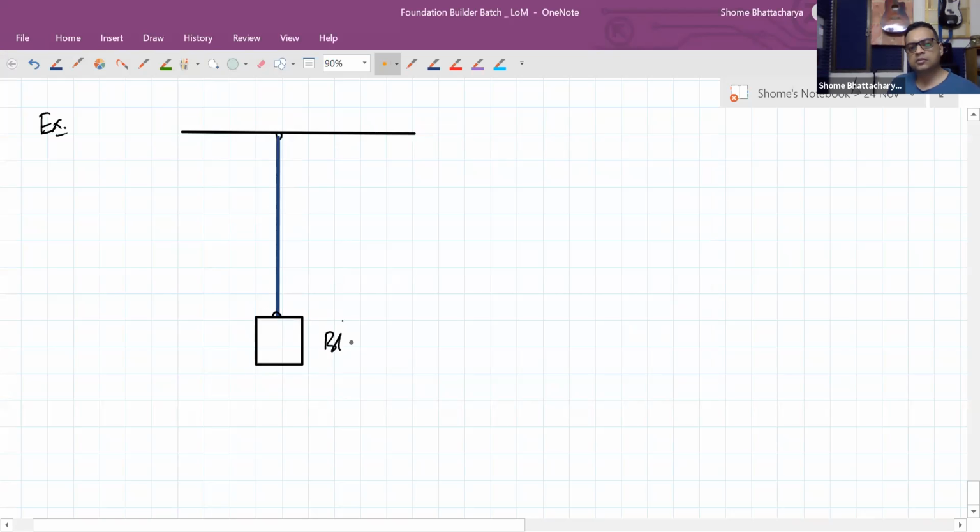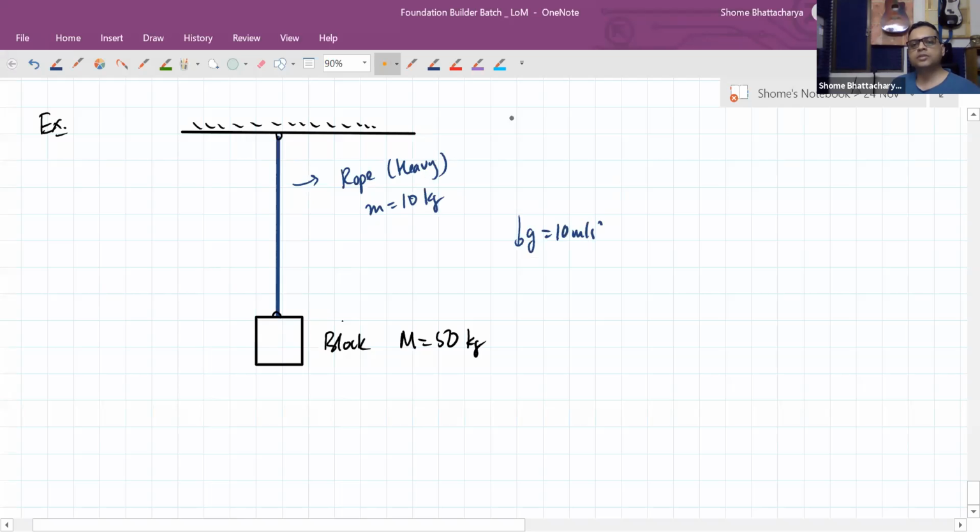So this is a block of mass 50 kilograms. And this is a rope, relatively heavy rope of mass 10 kilograms, and g is equal to 10 meters per second square.